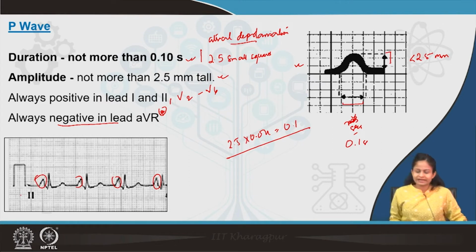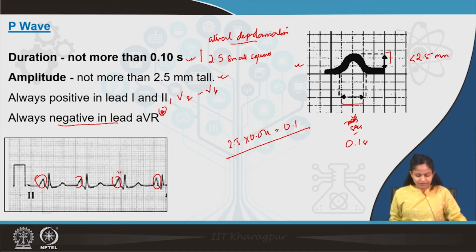Tall P waves or any tall waves means the amplitude or the voltage is more, and the amplitude is strongly dependent on the vector or the electromagnetic force generated. The stronger the vector, the stronger the amplitude or the voltage, and the strong vector is dependent on the length or the musculature, which means there is atrial hypertrophy occurring in this case, leading to the strong positive vector and the tall P waves.